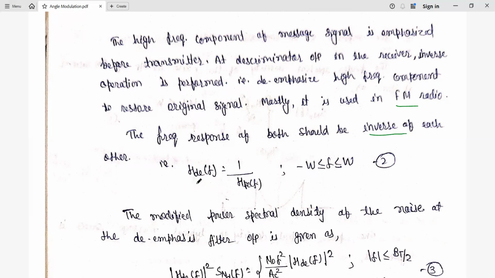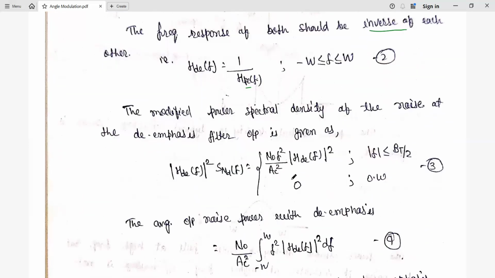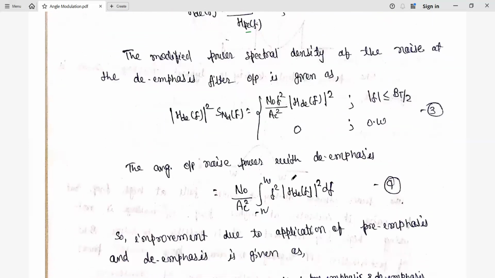For the de-emphasis, it is written with suffix DE of f, and for the pre-emphasis with suffix P. So H_DE(f) equals 1 by H_P(f) in the range minus W to plus W. The modified power spectral density of the noise at the de-emphasis filter is given by this spectral density being multiplied by the square of the response of the de-emphasis filter. So we already have N naught f square by Ac square, and it is being multiplied by the de-emphasis response. That effect we are going to see.